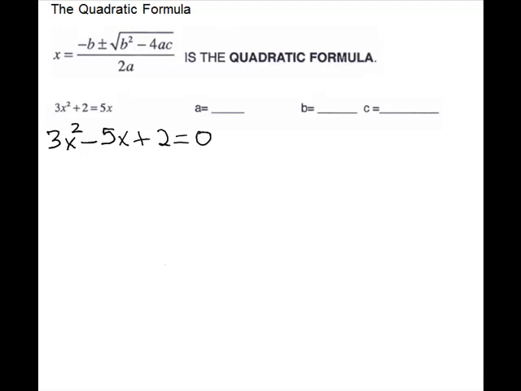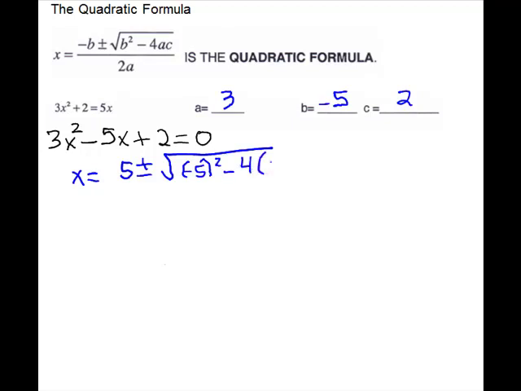So our A is 3, our B is negative 5, our C is 2, and then we're set to plug in. So x equals negative B, so opposite of negative 5 will be 5 plus or minus the square root of negative 5 squared minus 4 times 3 times 2 all over 2 times 3.